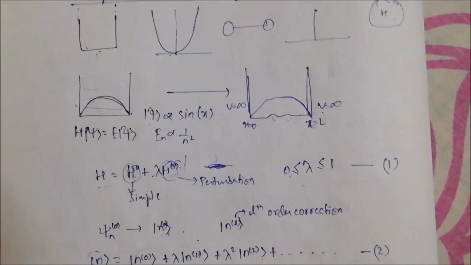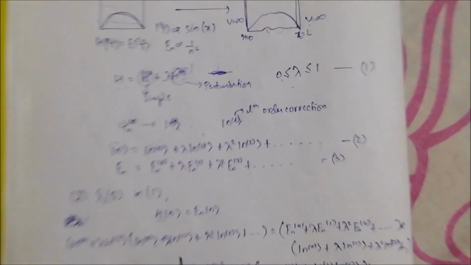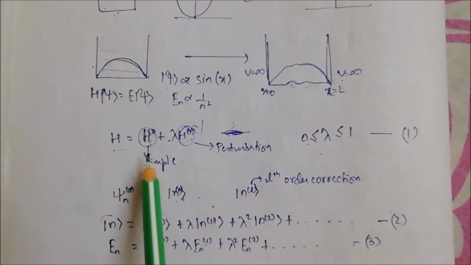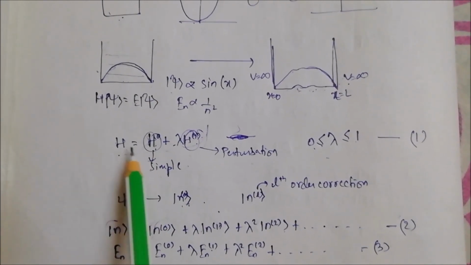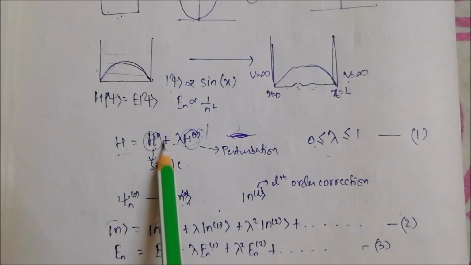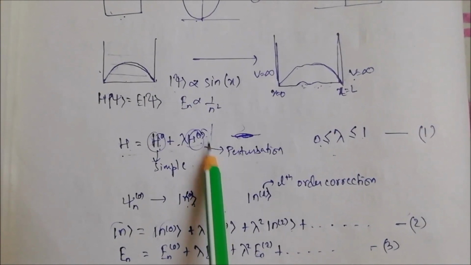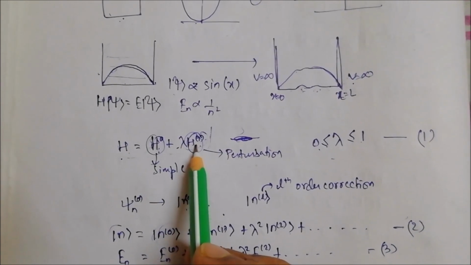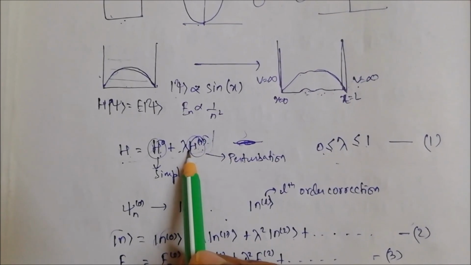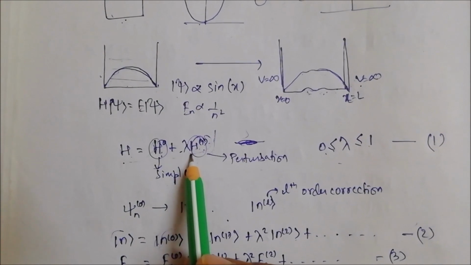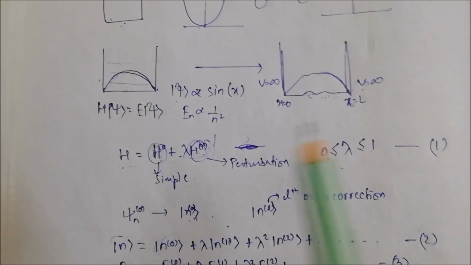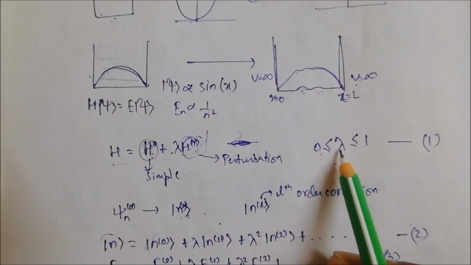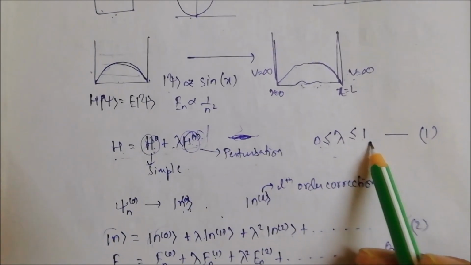To solve these kinds of problems, we construct our model Hamiltonian. We consider our Hamiltonian for a system as some simple Hamiltonian plus some disturbance in it. So H0 is our simple Hamiltonian and H1 is the perturbation applied, and we have put a factor of lambda in front of it to show that its magnitude will be smaller compared to H0, as we are taking lambda to be between 0 and 1.